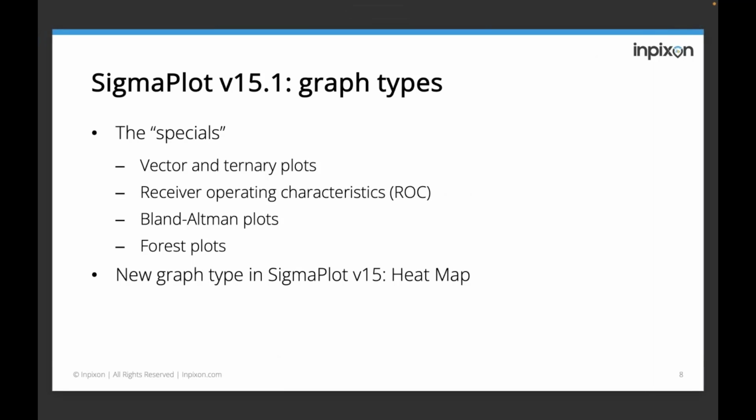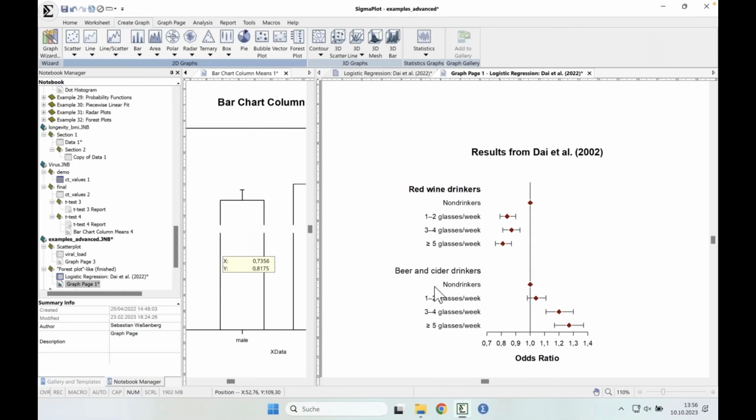And of course, you have more specialized graphs as well. I already mentioned them: vector plots, ternary plots, or when you want to address something like sensitivity and specificity, you might be interested in receiver operating characteristics, ROC curves. You can also create those with SigmaPlot, or Bland-Altman plots for the agreement between two methods, or forest plots. The plot here is only something that looks like a forest plot.